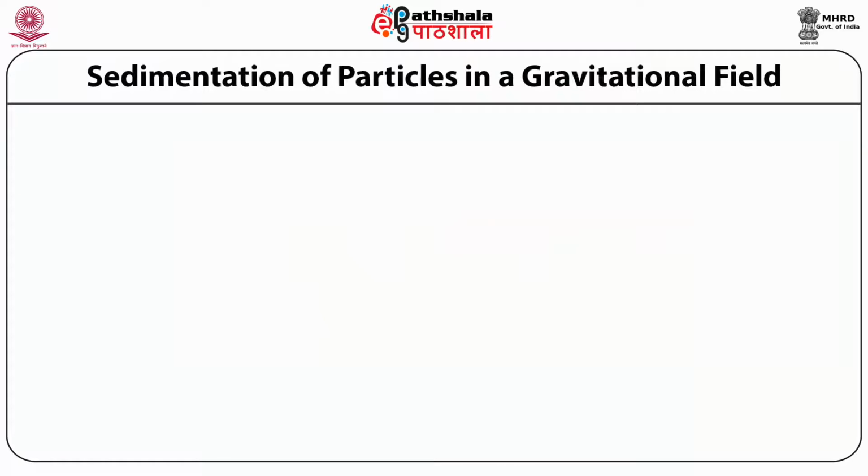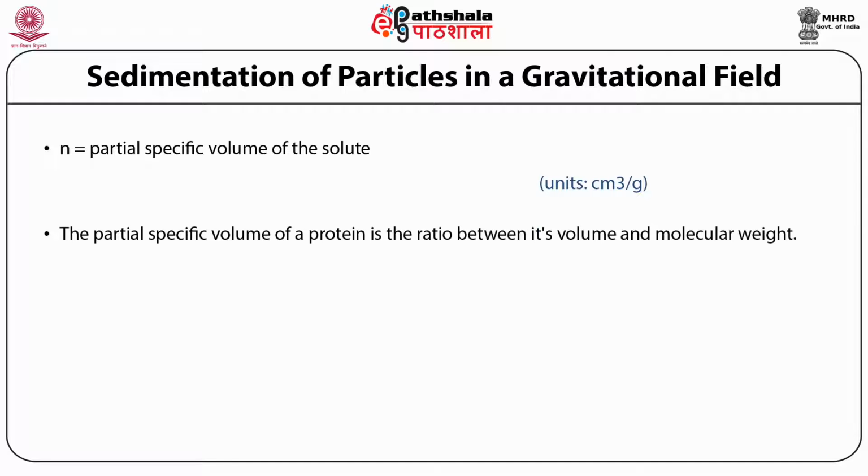So, the velocity of the separating molecule is determined actually by the partial specific volume of the solute, and its unit is given as centimeter cube per gram. The partial specific volume of a protein is the ratio between its volume and the molecular weight.